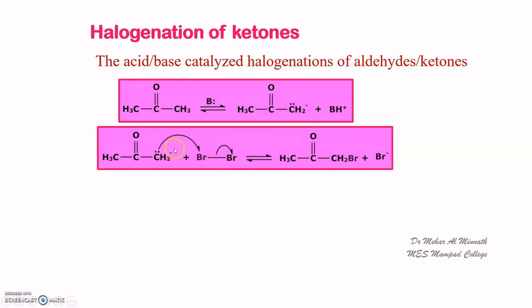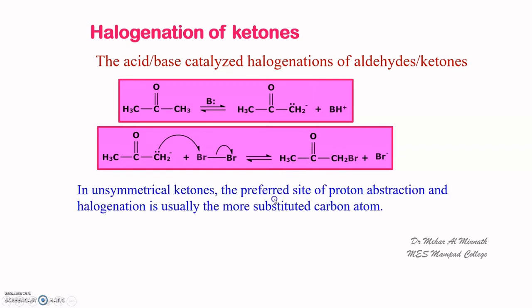And then the halogenation occurs. This arrow mark must be a full arrow here. The carbanion takes up a halogen from the halide ion or Br plus ion from the halogen molecule, and you get a halogenated aldehyde.